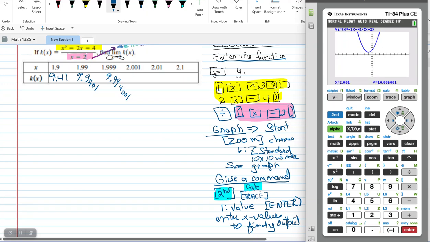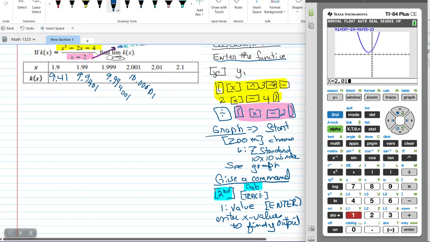2.001, which we're not doing the 2 because at 2 it is undefined. It's a removable point. So here at 2.001 I get 10.0001. Oh, I forgot a 6 in there. Sorry about that. 10.006001. I apologize. My eyeballs. So now I'm going to do 2.01.